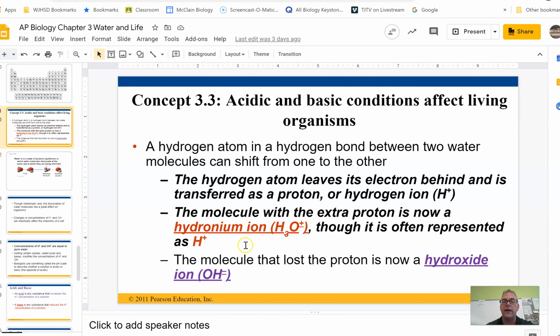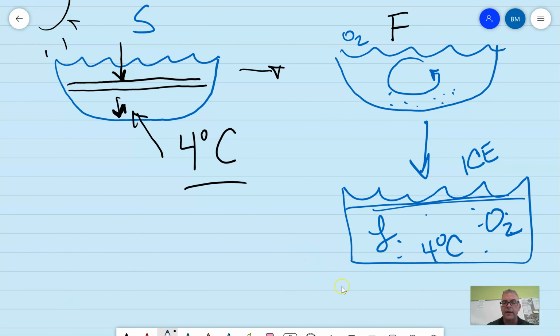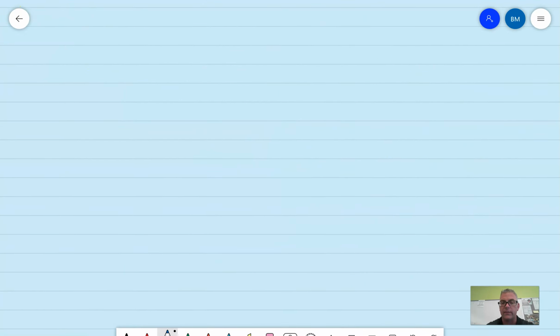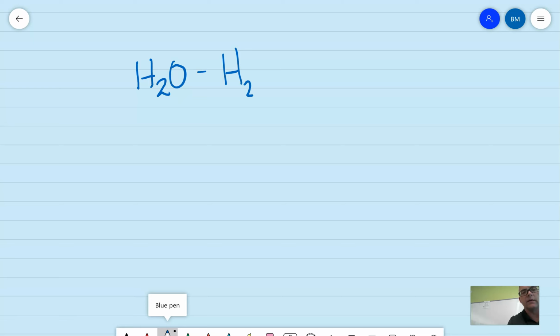And what we find, so if we go over here, let me open up a whiteboard for us, and let me move ahead over to another area of the whiteboard. So over here, we were talking about if I have a water molecule, okay, and I have another water molecule, and they're bonded together.